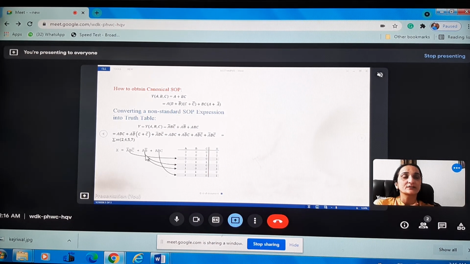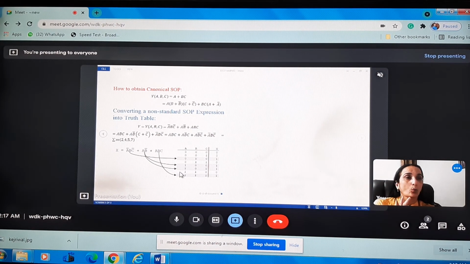So here you can see this is a non-standard product. So this will output 1 for 2 rows. First, when A is 1, B bar is 1, and C is 0 or 1. Or we can say when A is 1, B is 0, and C is 0 or 1.